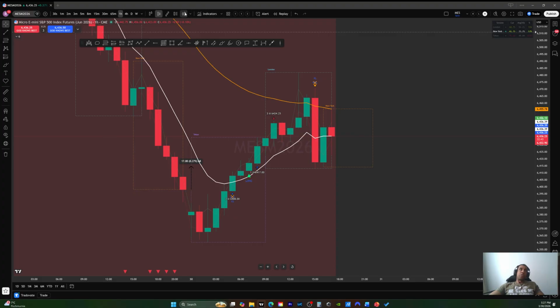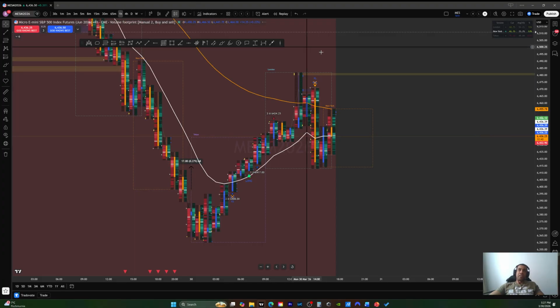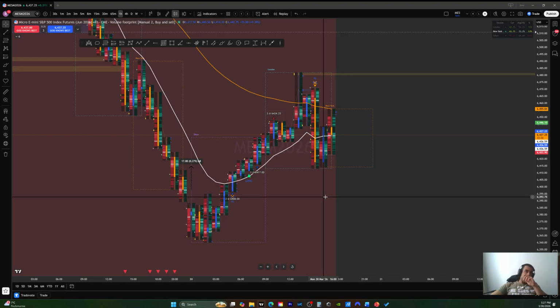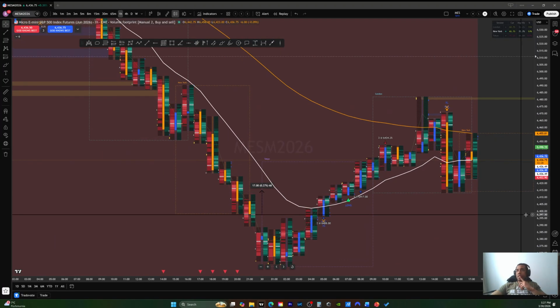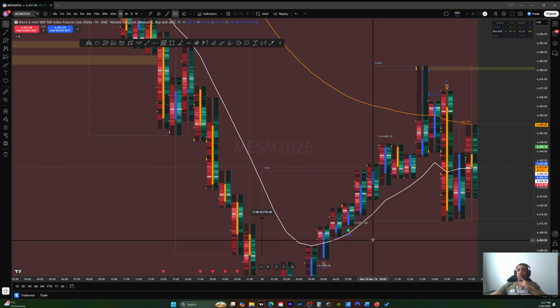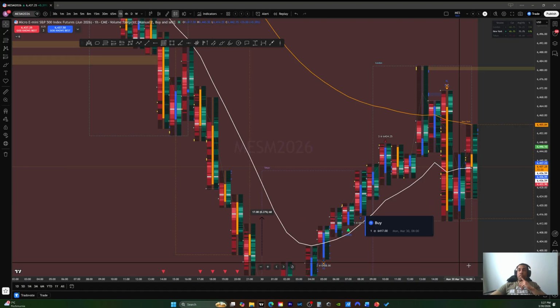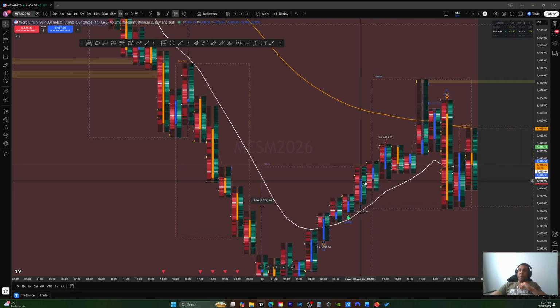And also if we go on the volume footprint chart, which I love, on the volume footprint chart, after this candle happened, I moved my stop loss below this strong candle over here.